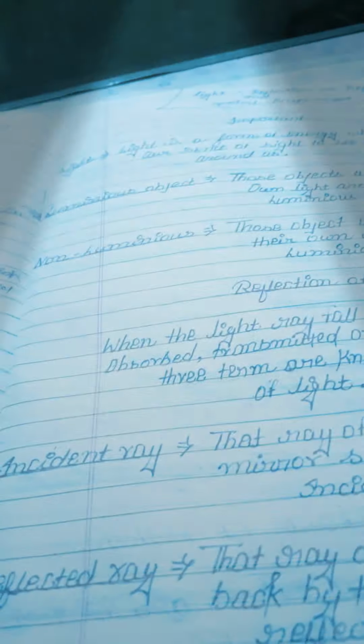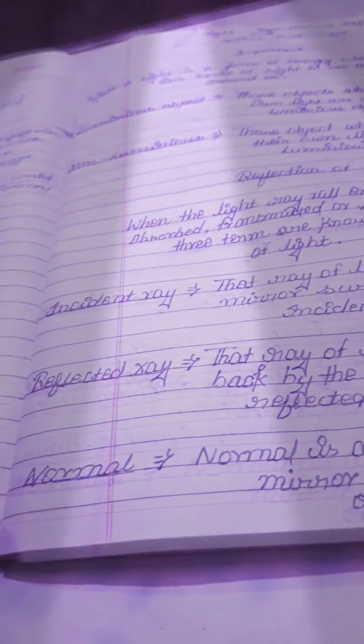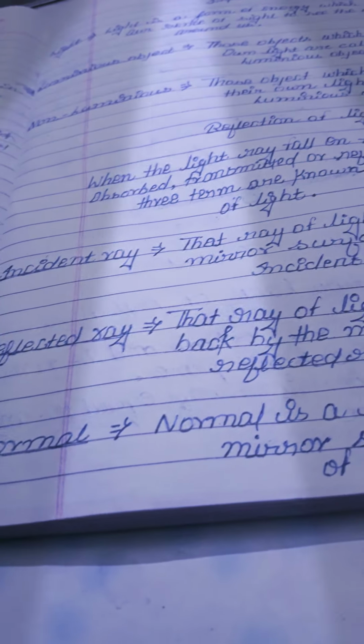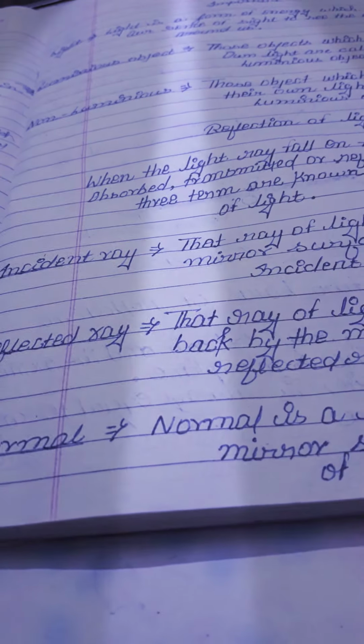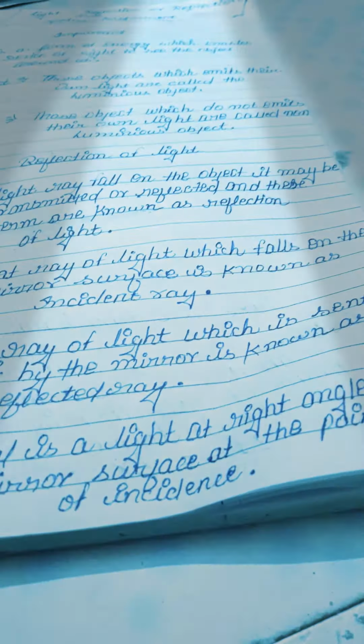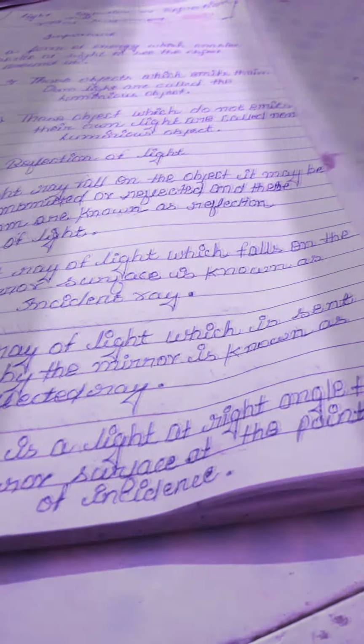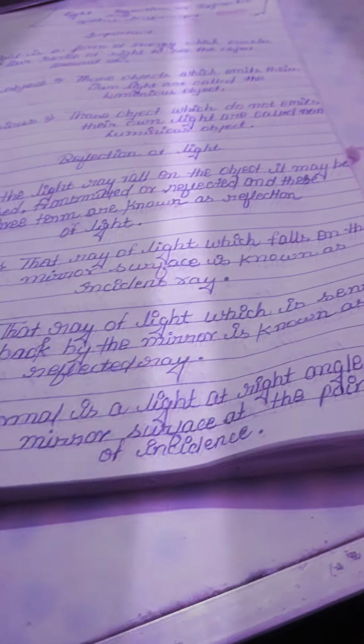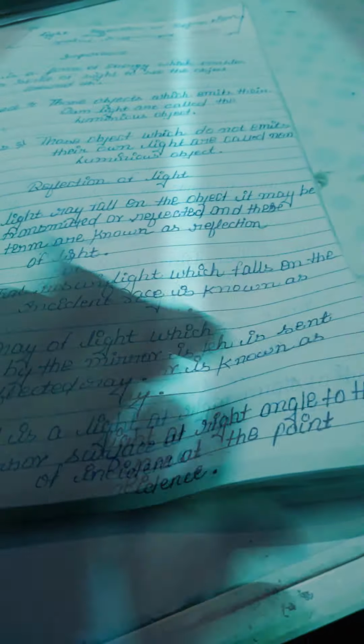Now friends, moving on with our topic, what is a reflected ray? That ray of light which is sent back by the mirror is known as the reflected ray. Then we need to know what is the normal. The normal is a line at right angle to the mirror surface at the point of incidence.